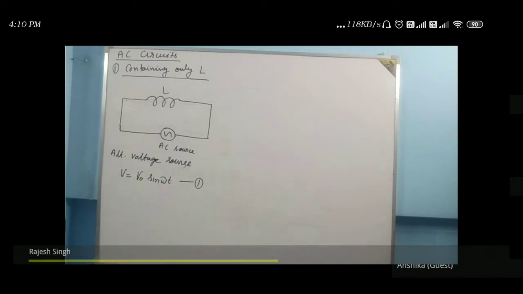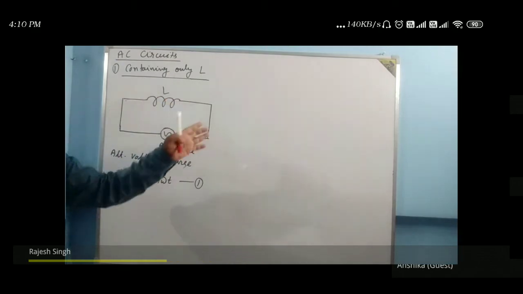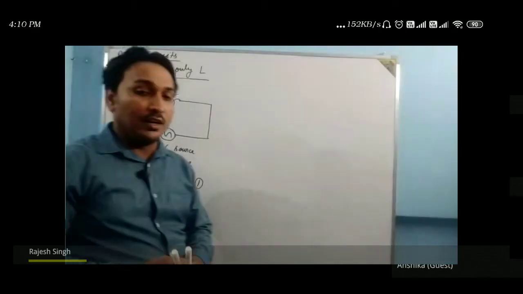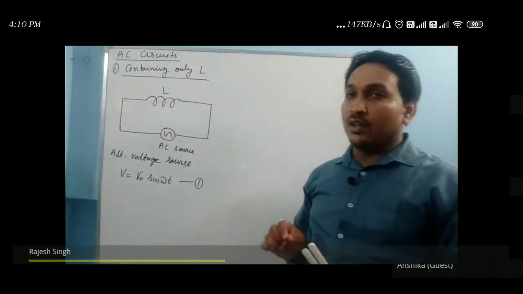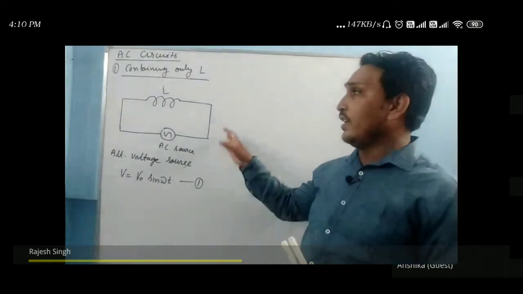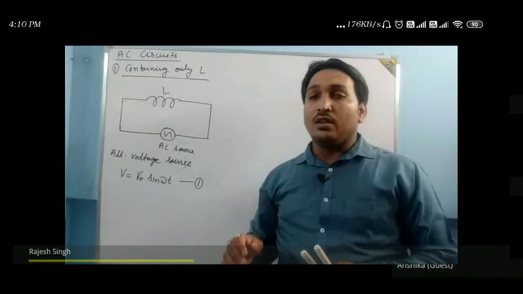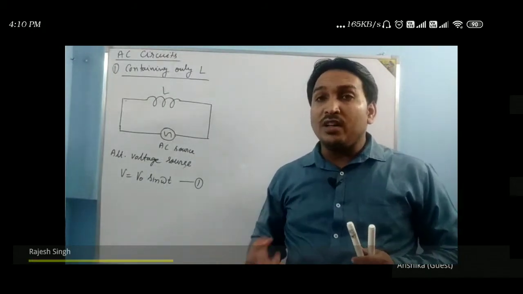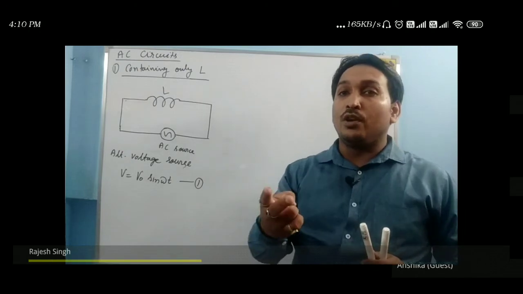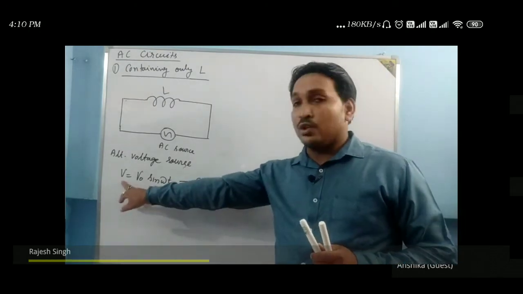Since no resistance is there, there is nothing across which the voltage is being dropped. We are considering it for the ideal situation. But there are two voltages. One is the source voltage.